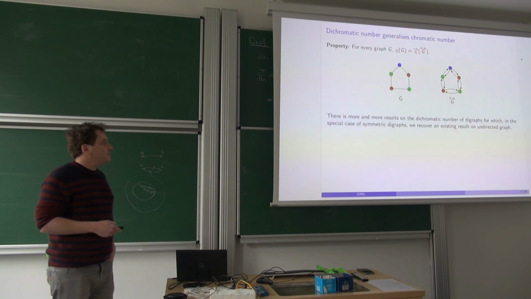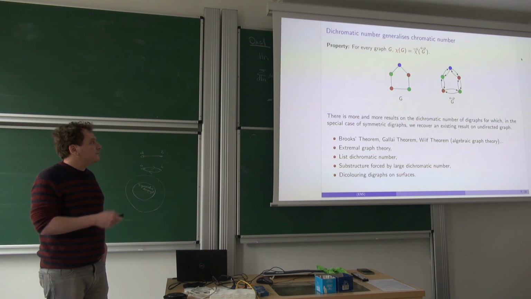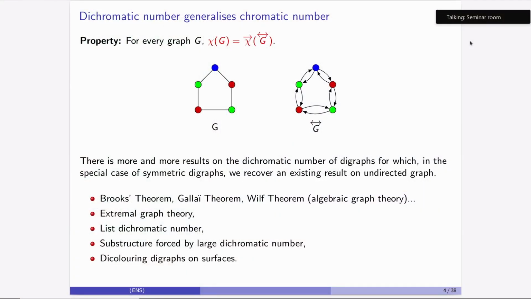So the dichromatic number has been introduced by Neumann-Lara and Erdős in 1981, and they had some results, and then it was kind of forgotten. In 2010, Bokal and others followed this line of research and tried to generalize theorems on coloring to digraphs.